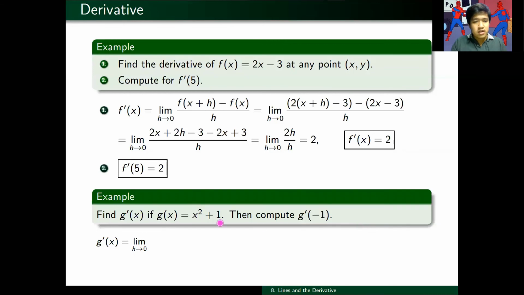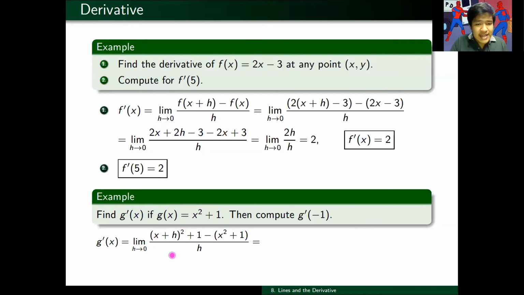So, I have the limit as h approaches 0 ng g of x plus h minus g of x over h, no? So in this case, g of x plus h, palitan ko lang po yung x ng x plus h. I have this minus g of x minus siya mismo over h.